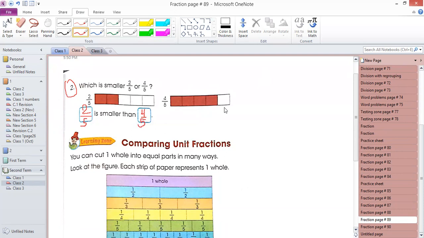Is it clear? Yes, sir. So we completed question number 2. The smaller fraction in 2/5 and 4/5 is 2/5.